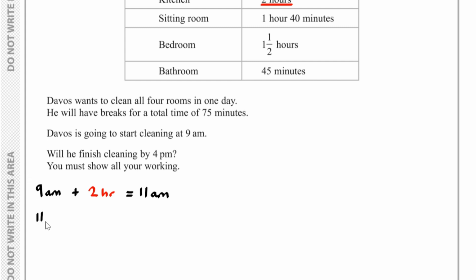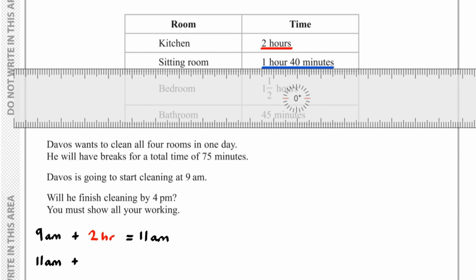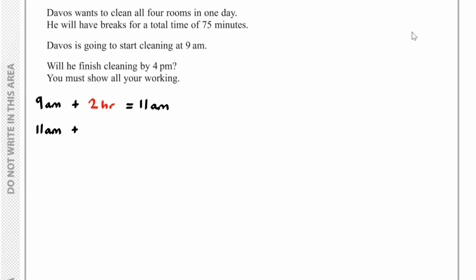So we've got this 11 AM, but then we need to clean the sitting room, and that takes 1 hour 40 minutes. So if I add on 1 hour 40 minutes, that means he would finish cleaning the sitting room at 12:40 PM.